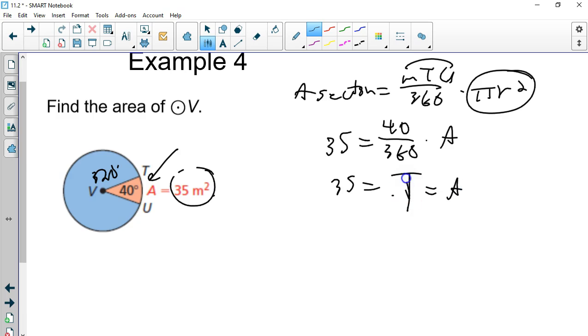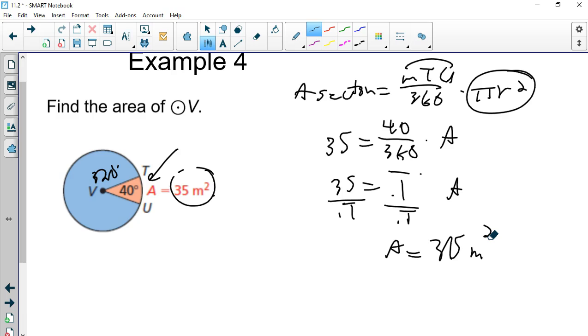Times A. Well, I'm just going to divide by 0.1 repeating. And get the area of the circle is 315 square meters.